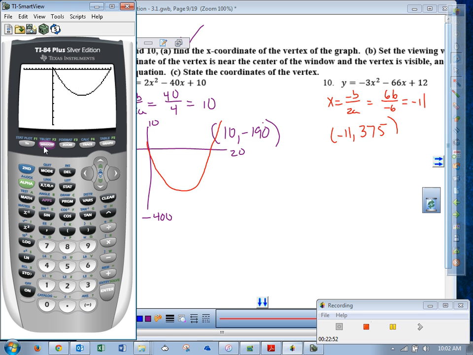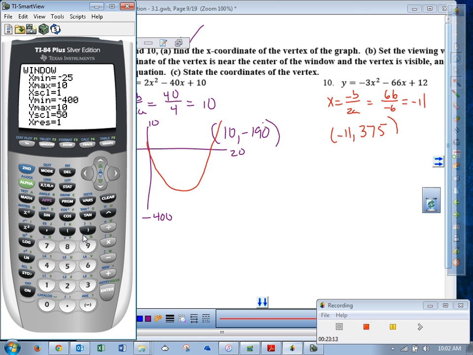So for my window, my x value is at negative 11. So my x minimum, I'm going to double that. That's negative 22. I'm basically going to go to negative 25. And I'll just go to 10. This parabola opens down, correct? So my y value is at 375.